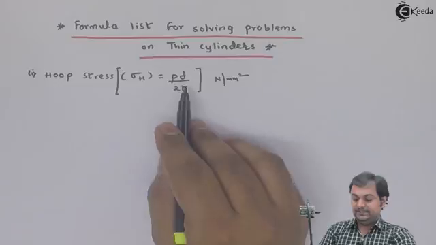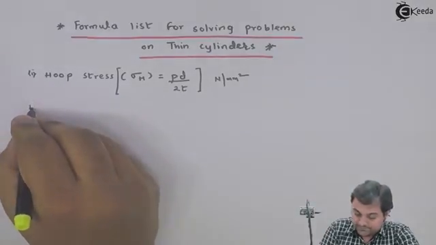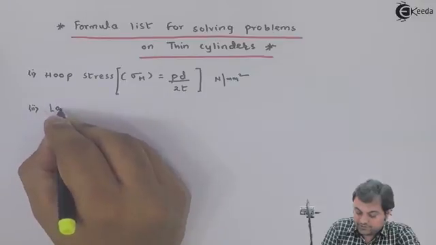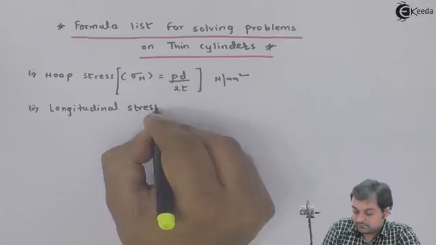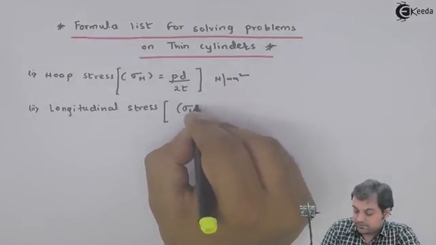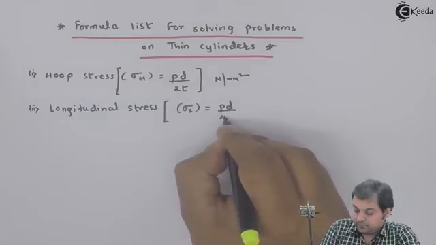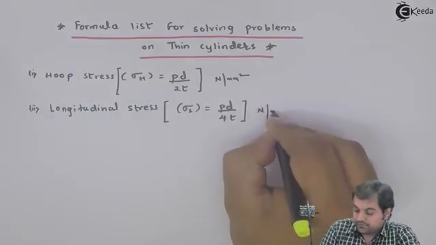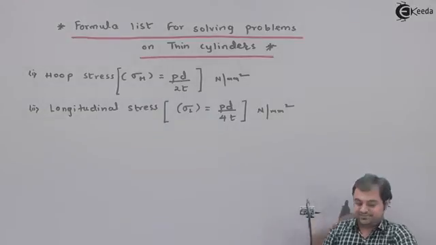Here what is P, D and T, that I would be explaining very soon. Next, longitudinal stress, sigma suffix L is equal to PD upon 4T. Unit is again Newton per mm square because these are internal stresses.